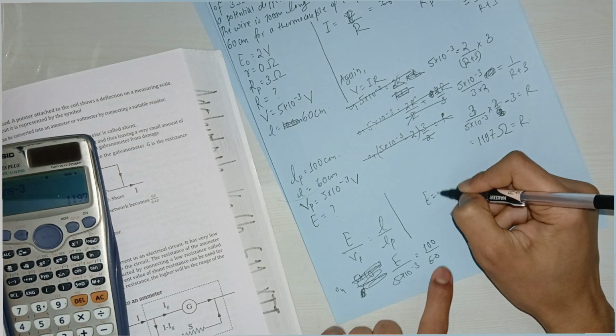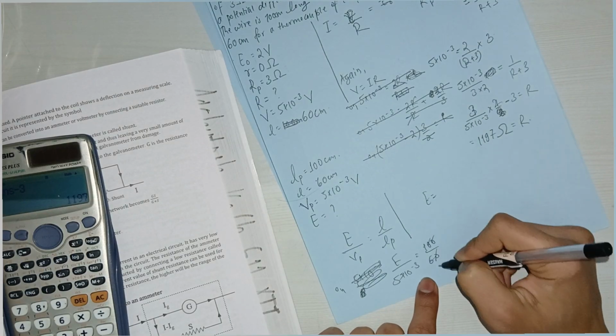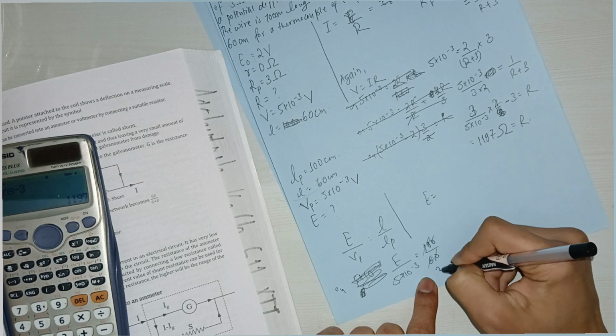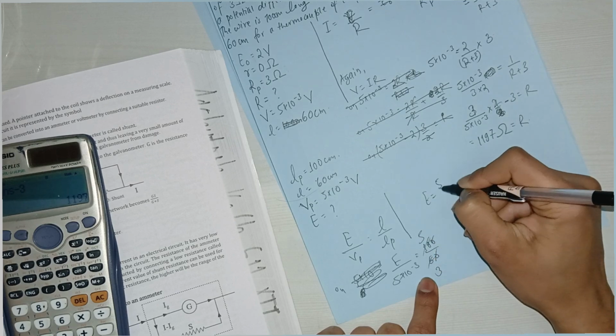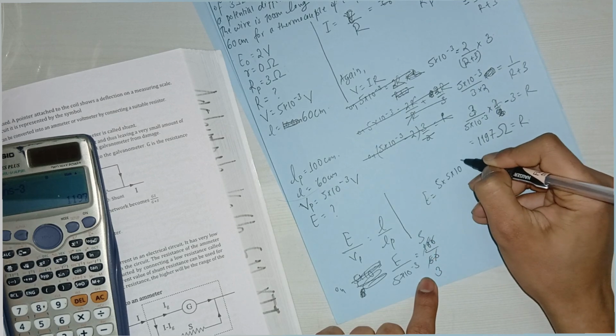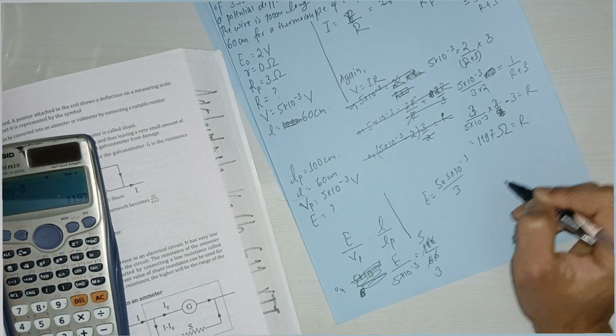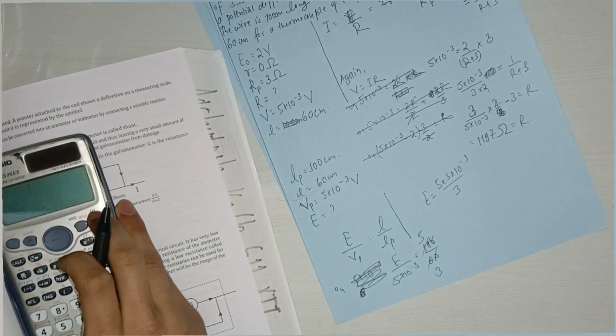So that would make it E equal to 5 into 5 into 10 to the power minus 3 divided by 3. Yeah.